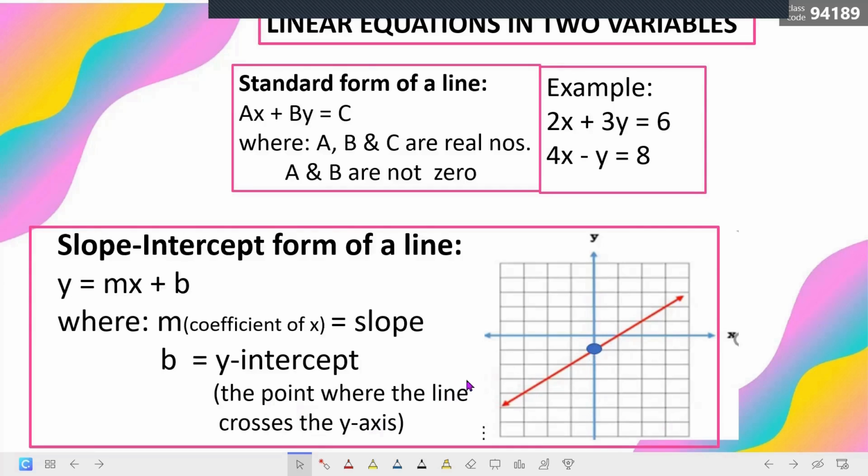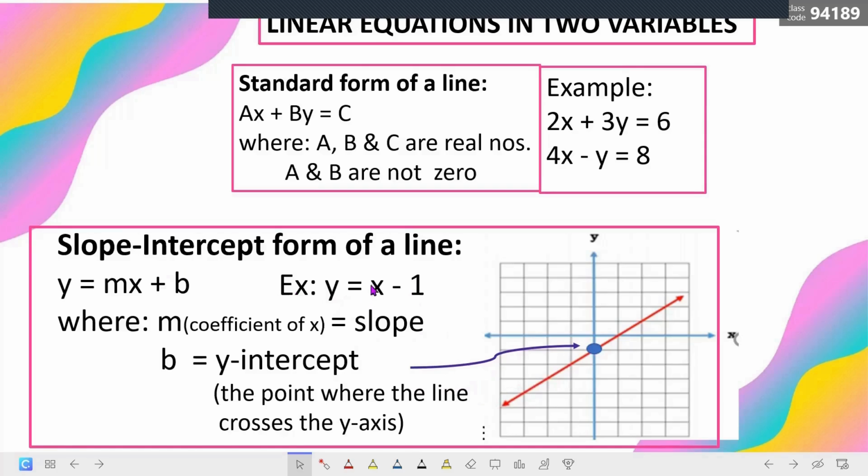We will have more of this in our next video tutorials. In the meantime, our main lesson today is finding the slope of a line. An example of an equation written in the slope-intercept form is y equals x minus 1.